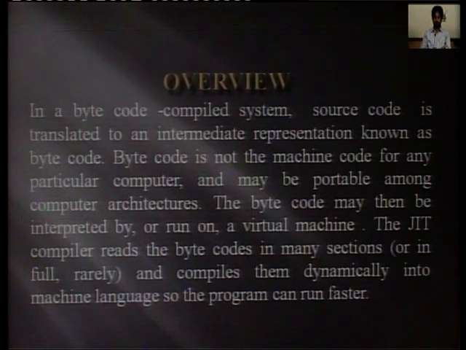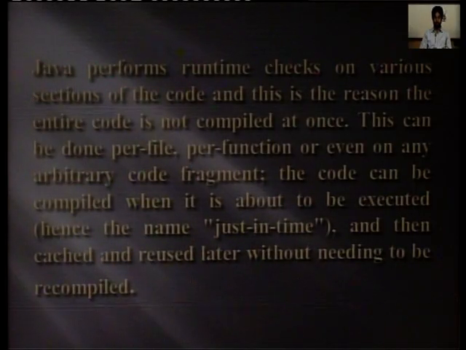Bytecode may then be interpreted or run on the virtual machine. The JIT compiler reads the bytecode in many sections, or fully, and compiles it dynamically into machine language, so the program can run faster. Java performs a runtime check on various sections of the code, and this is the reason the entire code is not compiled at once.